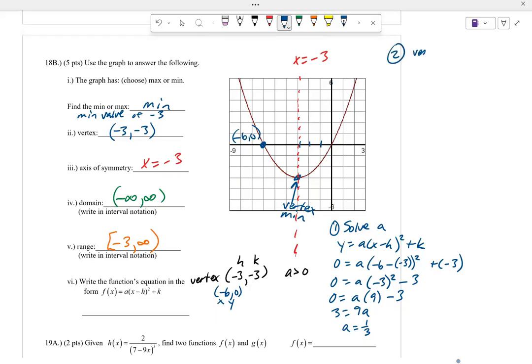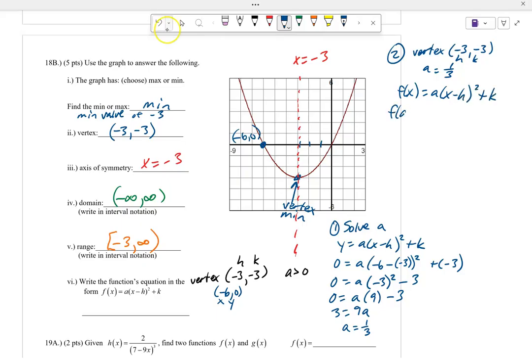So now we have our vertex hk, and we know that a is 1/3. So f of x equals a times (x minus h) squared plus k.